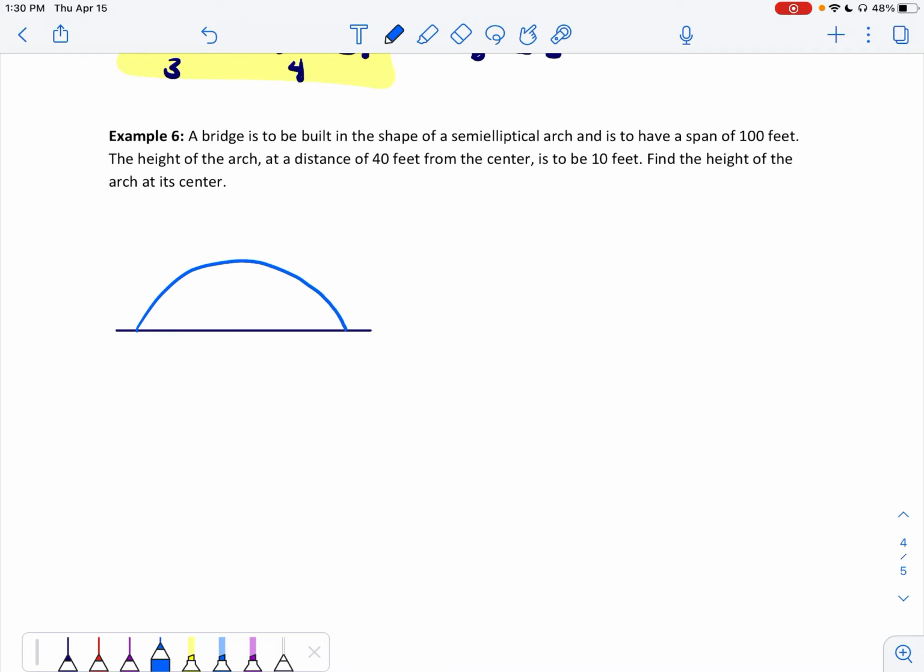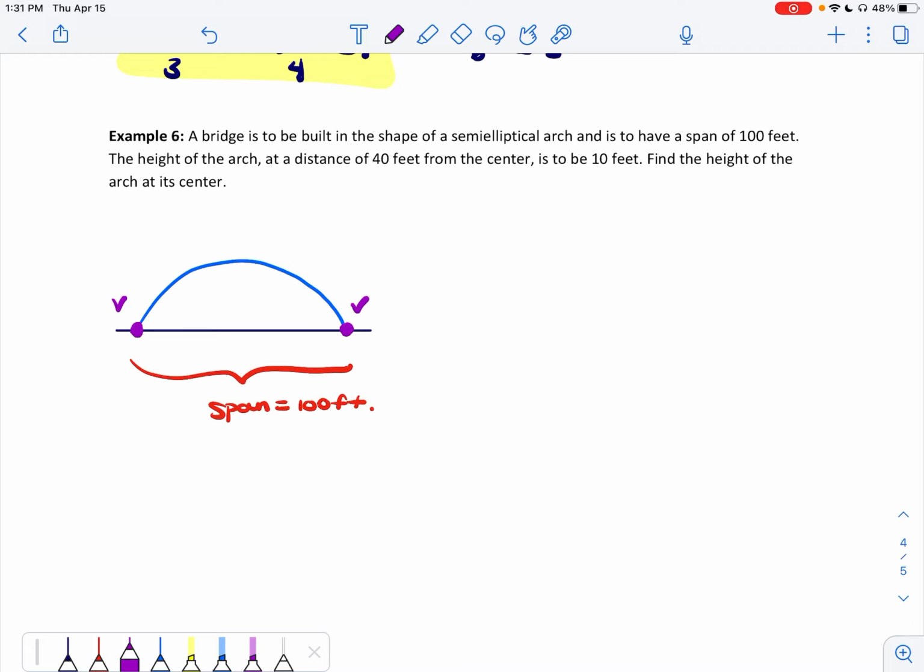All right, the span of the bridge is 100 feet. So the span would be this distance right here across the bottom, basically from vertex to vertex, and saying the distance is 100 feet.